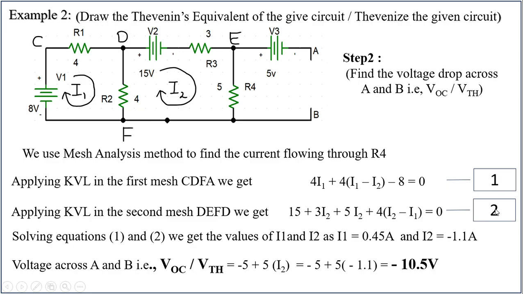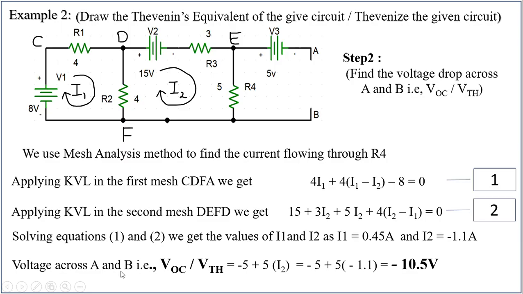This is the second equation. Upon simplifying 1 and 2, we get the value of I2 and I1 as I2 is equal to minus 1.1 amperes. I am not interested to know how much is the value of I1 because that is of no use to me as of now.